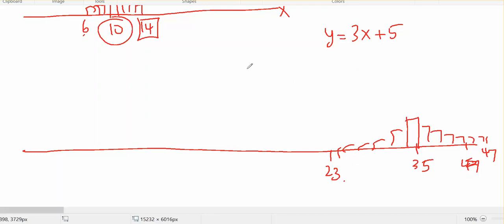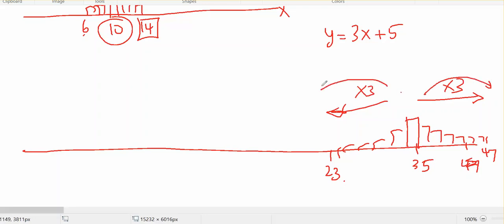So my spread got multiplied by 3 that way, multiplied by 3 that way, so it's 3 times bigger that way and 3 times bigger that way. And my mean got multiplied by 3 and then 5 was added, but the 5 had no impact on the spread whatsoever. The 3 did.